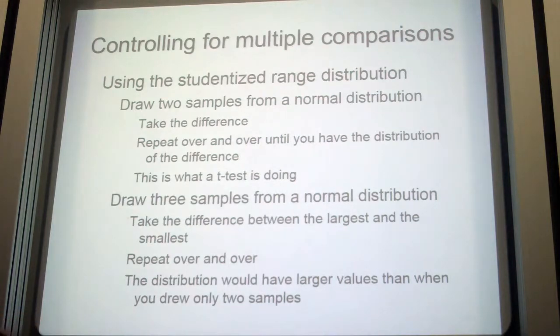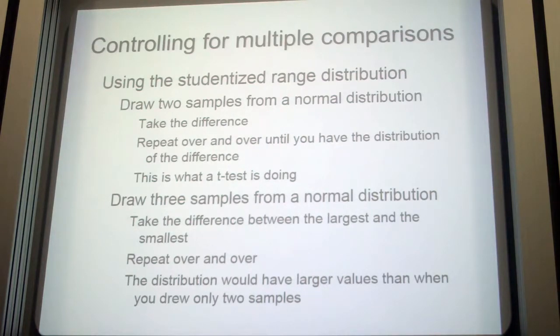That's a t-distribution. If you have 3 levels, you can draw 3 samples and take the difference between the largest and the smallest and get the distribution of that. If you have 4 levels, you can take 4 samples, take the difference of the means between the largest and the smallest and generate that distribution.